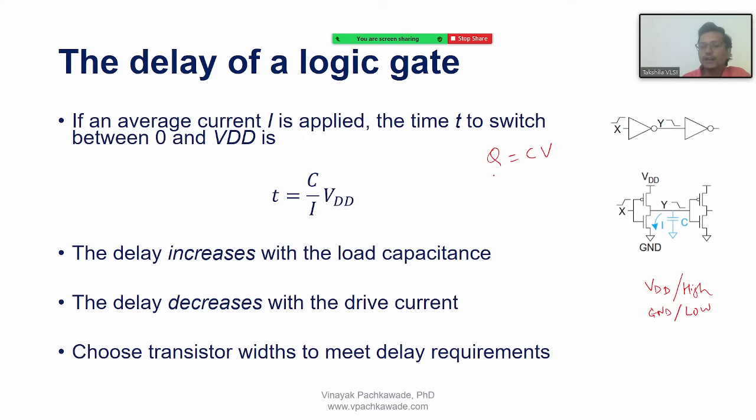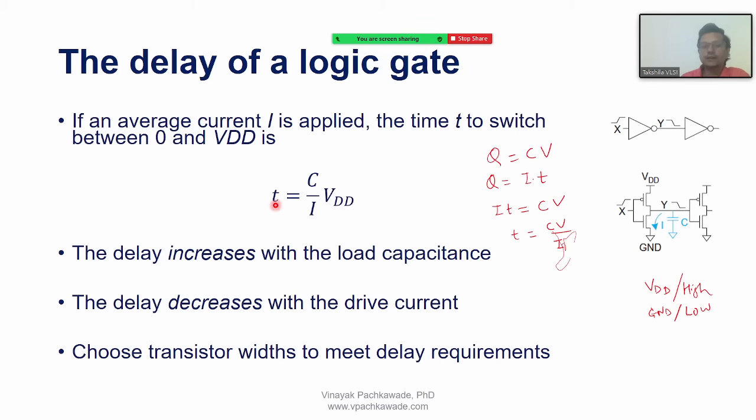And we know that we can write Q equals I times T. So I times T equals C times V, and the time that we are interested in calculating is given by CV over I. So I can write T equals C over I times VDD, where V here is nothing but VDD, because that's the voltage we are charging the capacitor with, and the time we have now calculated.